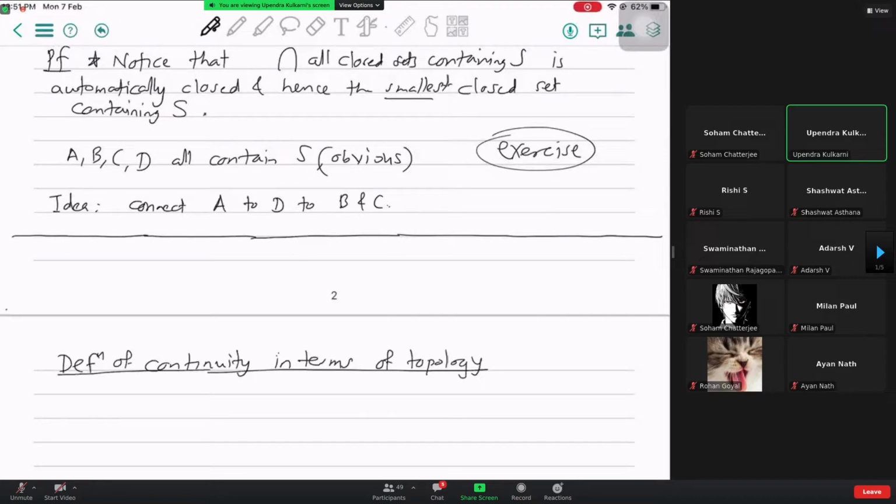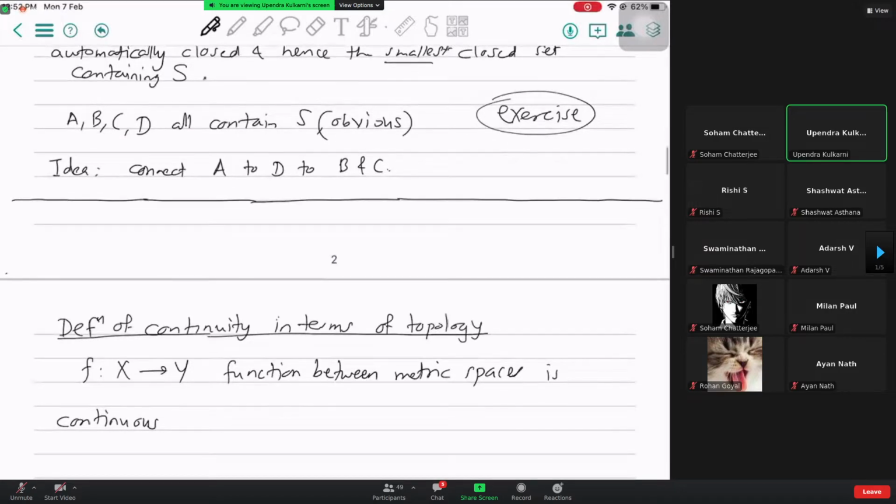So what did we say? A function f from X to Y, a function between metric spaces, is continuous.